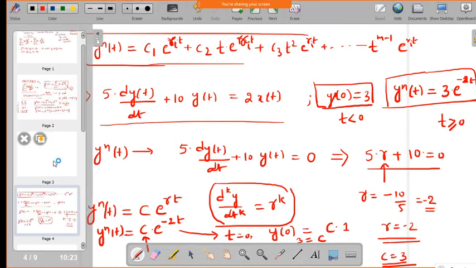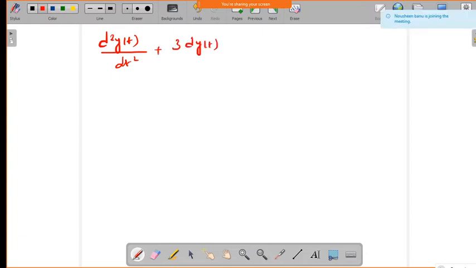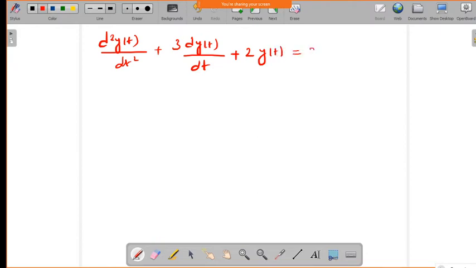Okay, try to solve this differential equation which is given by d square y of t by dt square plus 3 into dy of t by dt, plus 2 into y of t, which is equal to x of t plus dx of t by dt.